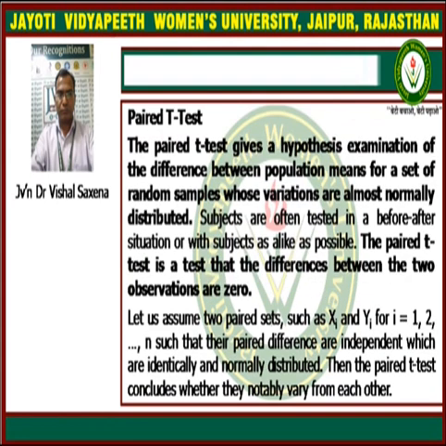Now next, the paired t-test. The paired t-test again is the third important test of the t-distribution tests. This test gives a hypothesis examination of the difference between the population means for a set of random samples whose variations are almost normally distributed.